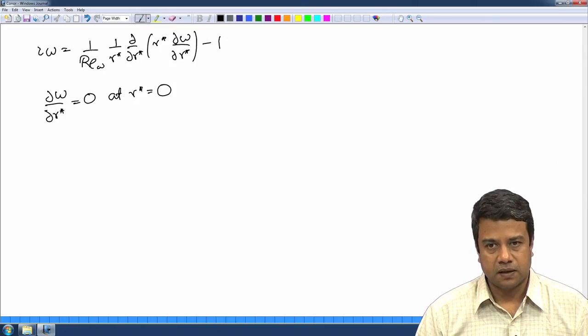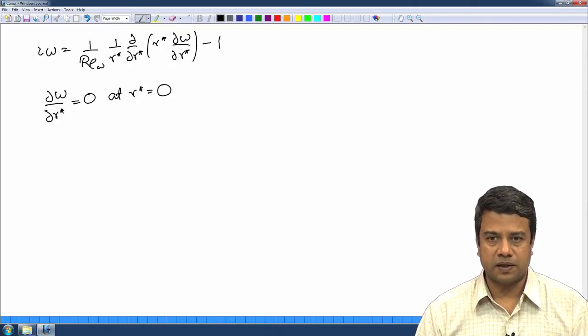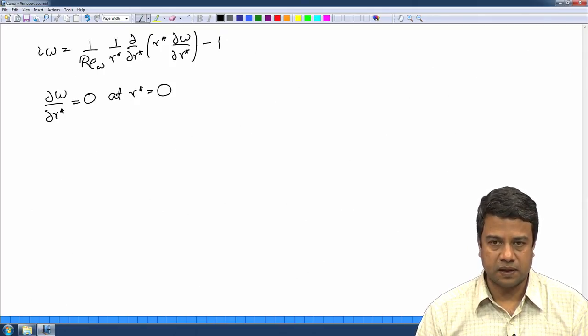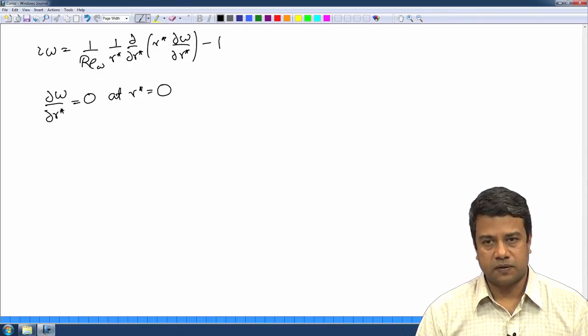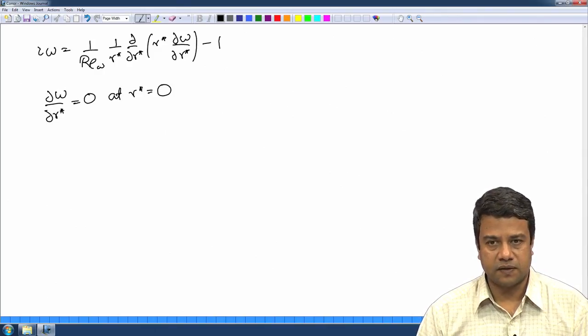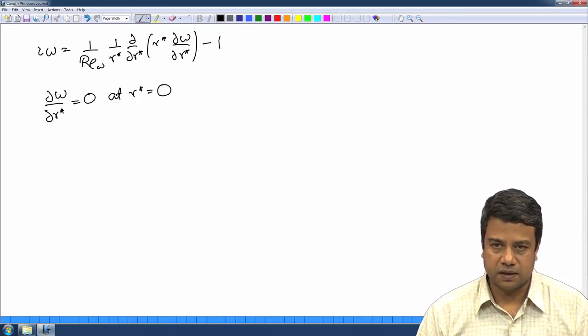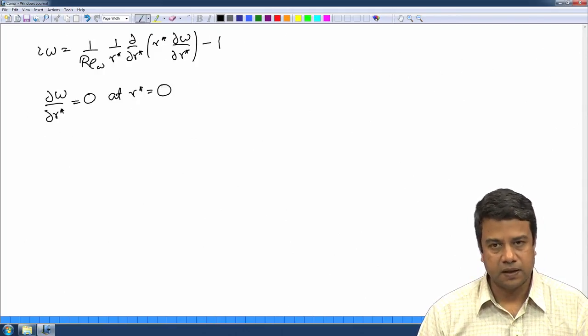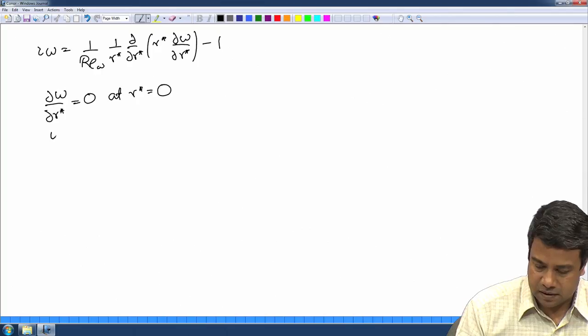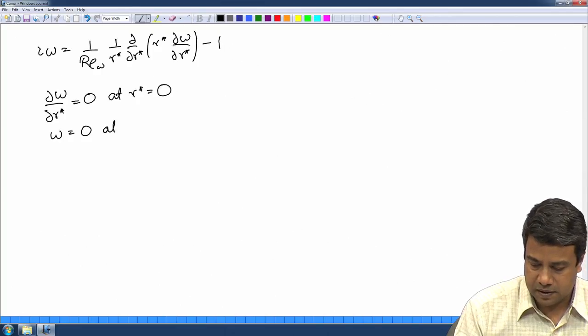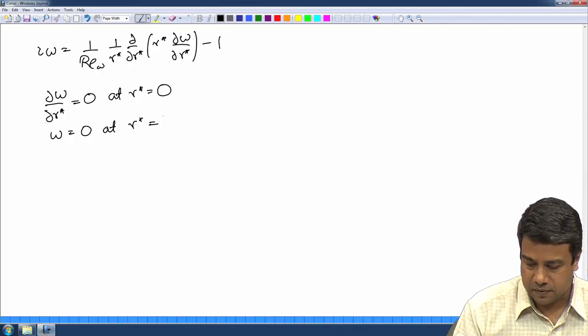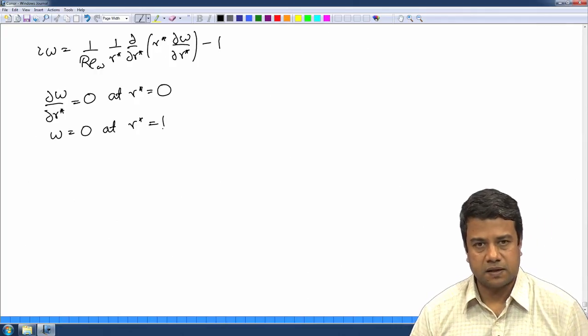So, since there is no physical boundary, there is only a boundary in the coordinate. At that point, the function has to be continuous and differentiable, and for that we require that the derivative has to be equal to 0. The second condition was that w is equal to 0 at r star is equal to 1. That was the second condition that we had.